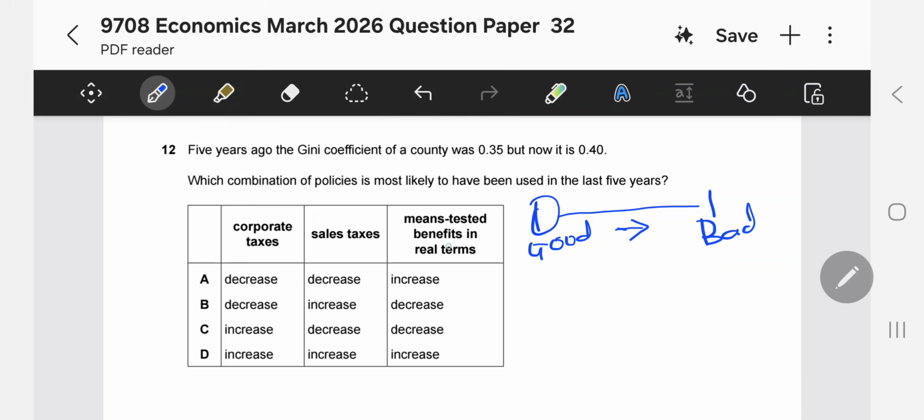Means tested benefits in real terms should decrease, so it should be one of these. Sales tax should definitely increase because this is a regressive tax. It takes a bigger proportion in tax from the income of the people who are paid lower incomes. And corporate taxes will decrease so that corporates make more money. So this one is going to be B.